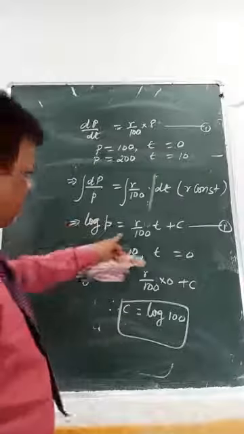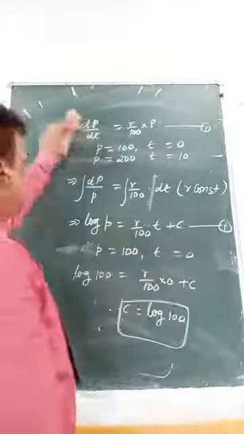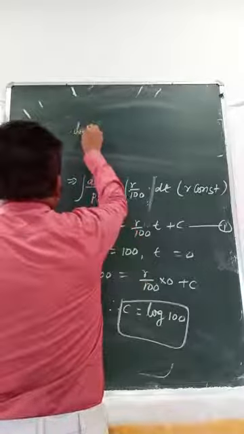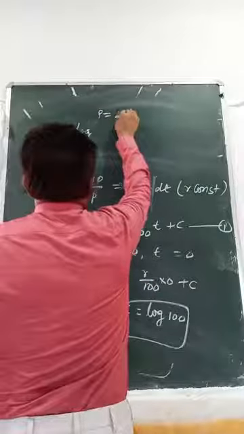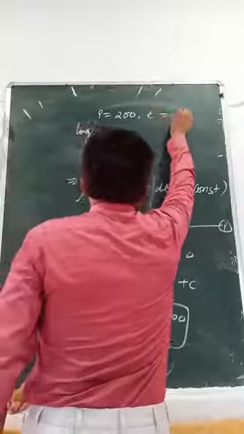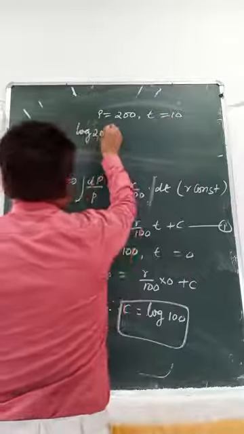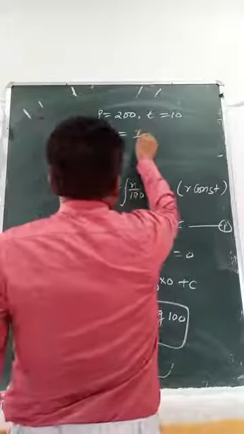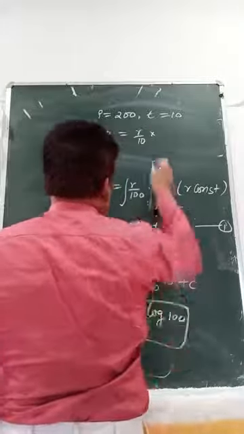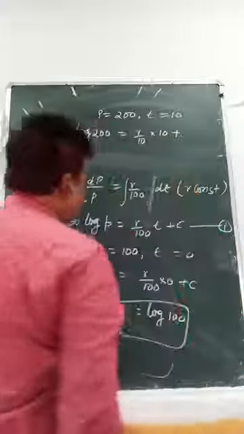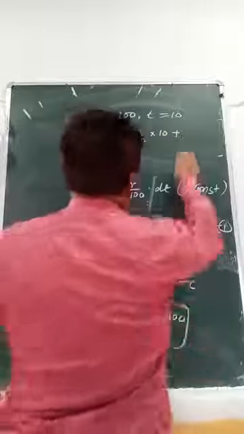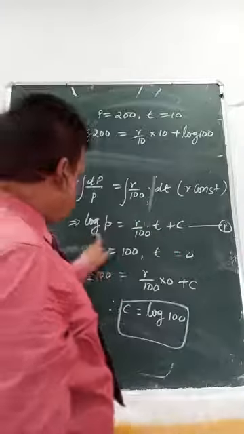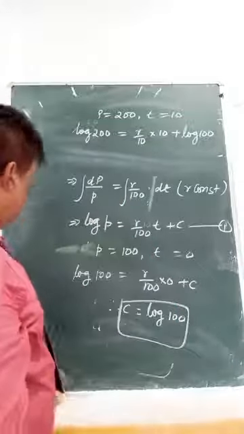So every time you have to relate to your original equation. So now P equals 200, time equals 10. So log 200 equals R by 100 into t, t is 10, plus C. C means what? Log 100. Always you put in the original equation. So you can simplify.